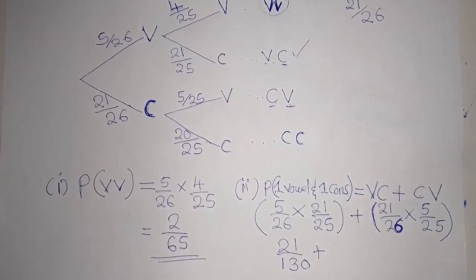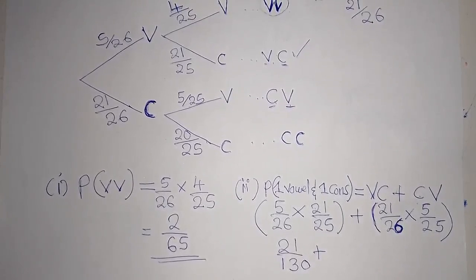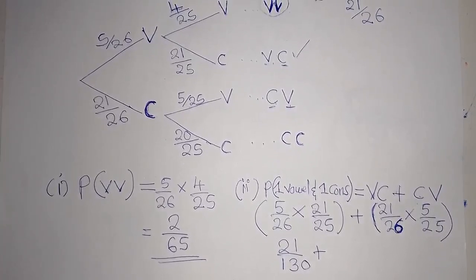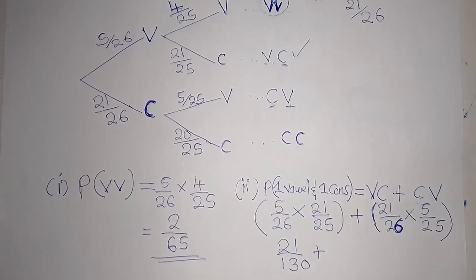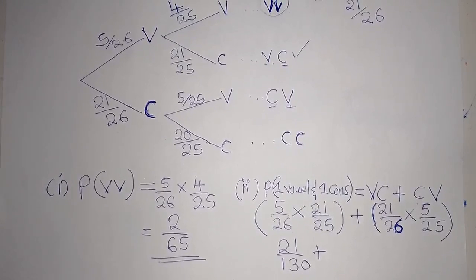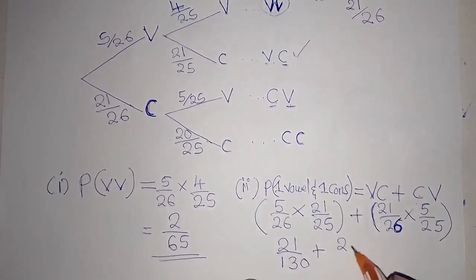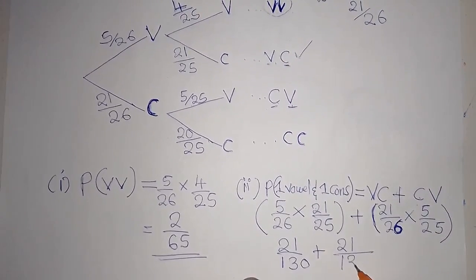If you want you can prove this: 21 over 26 times 5 over 25. What are you going to have? Same answer, 21 over 130.